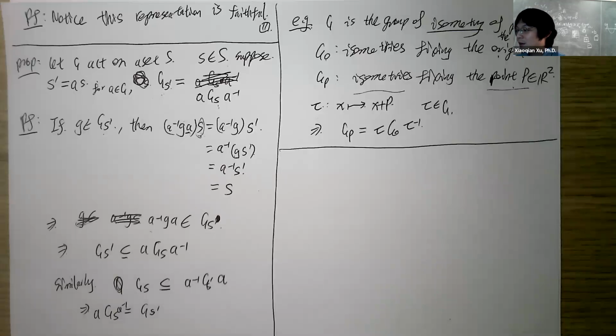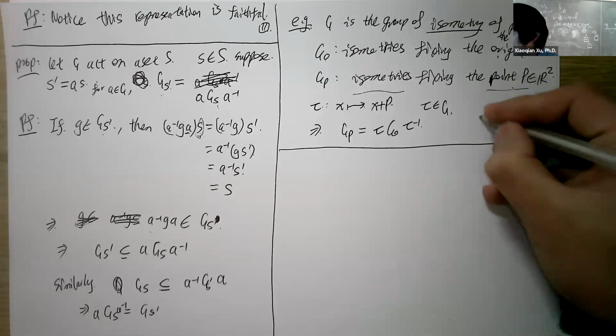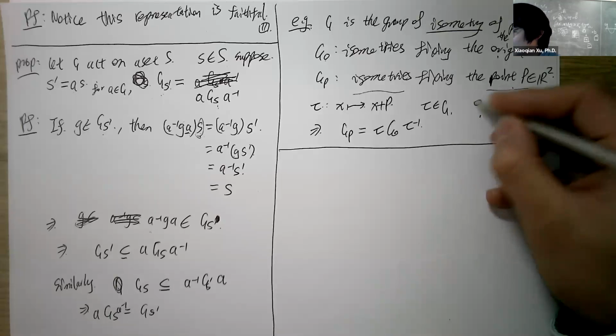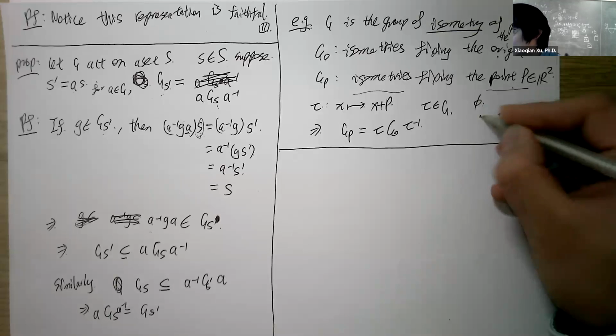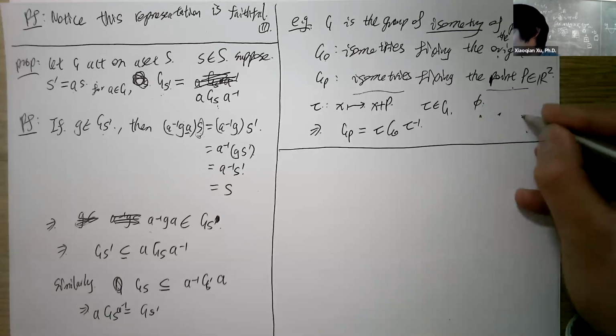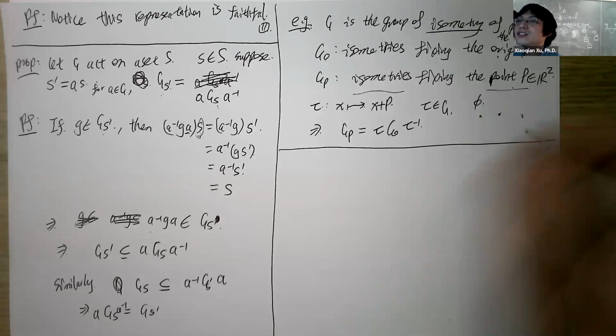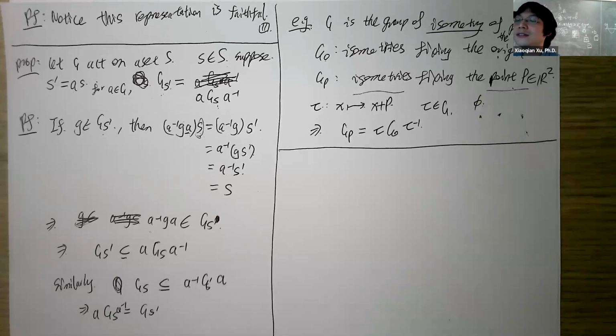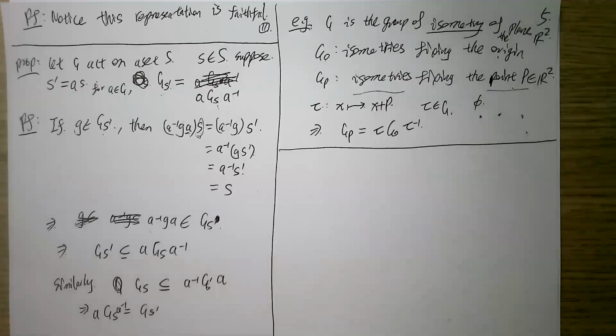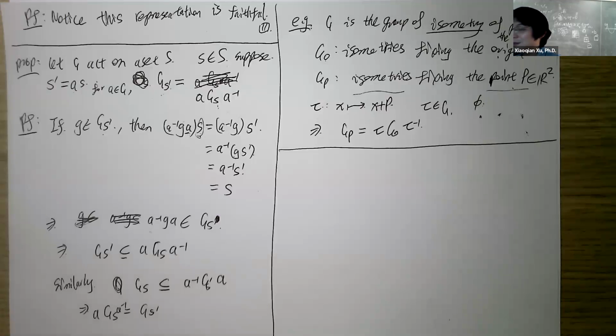Which means if you know that two points have distance 1, then this map maps these two points of distance 1 to another two points with distance 1. It doesn't change the length. We call this kind of bijection on R2 an isometry, which keeps the metric on R2. Okay, thank you. Maybe you don't really know this, but that's fine. You can just imagine it's some rotation.